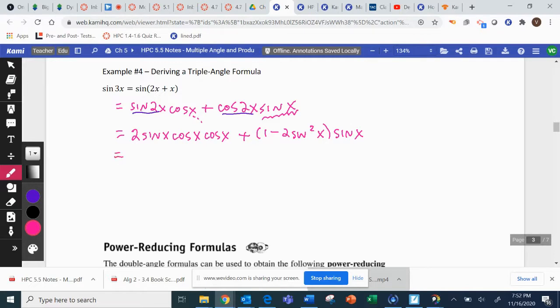In my next step, I will have 2 sine x cosine squared x plus, now I'm going to distribute the sine x, so sine x minus 2 sine cubed x.